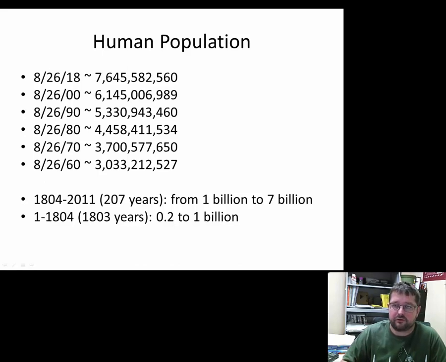It took 207 years. To go from 0.2 billion people to 1 billion people, it took us 1,803 years. So in 1804 we hit 1 billion, but literally 200 years later we hit 7 billion people.